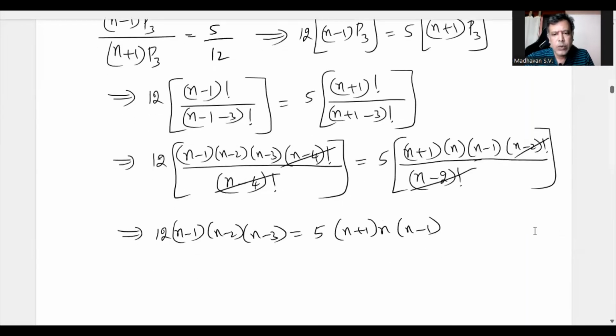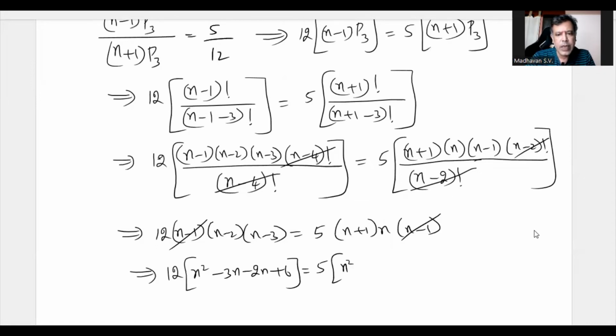We can now cancel (n-1) on both the sides, so that on the left hand side we have 12 times. Now let us expand this, n into n, it is n square minus 3n minus 2n plus 6, and here it is 5 times n square plus n.